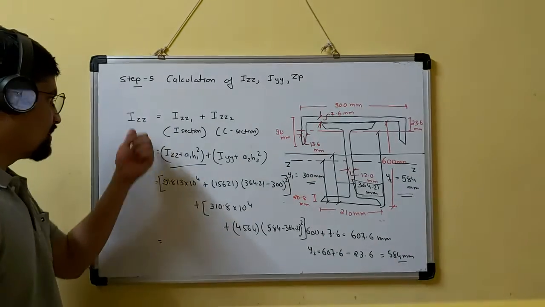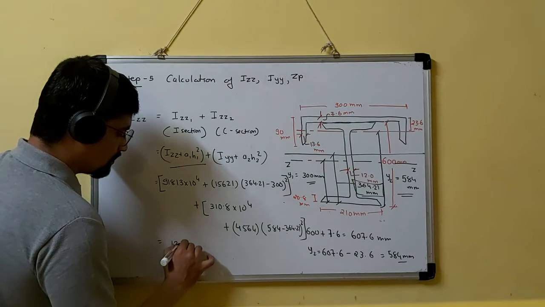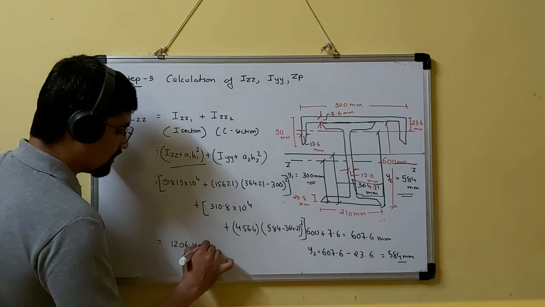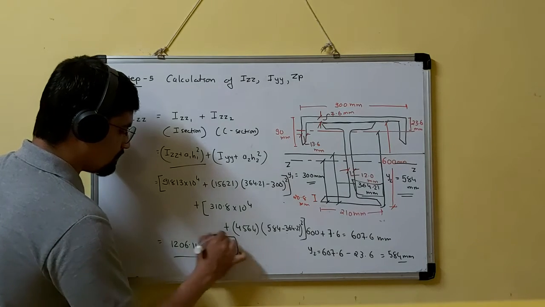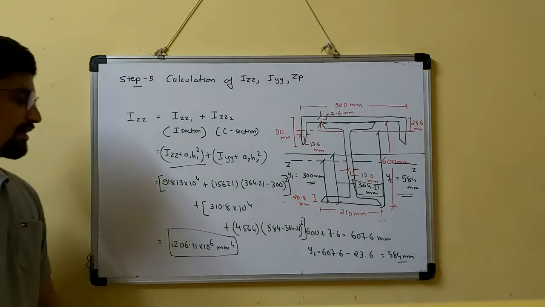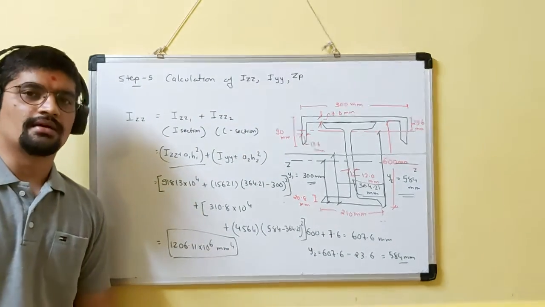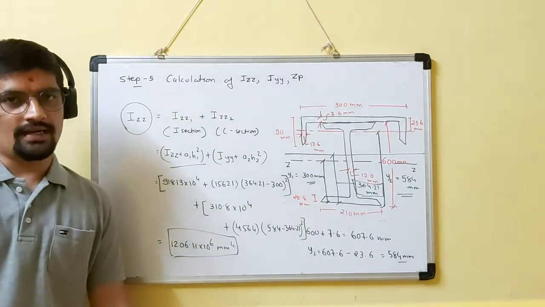Calculating this, we get the value of IZZ, which is 1206.11 into 10 raised to 6 mm4. I hope you all understand how the calculation of IZZ is done. Like this, we can calculate the IZZ.